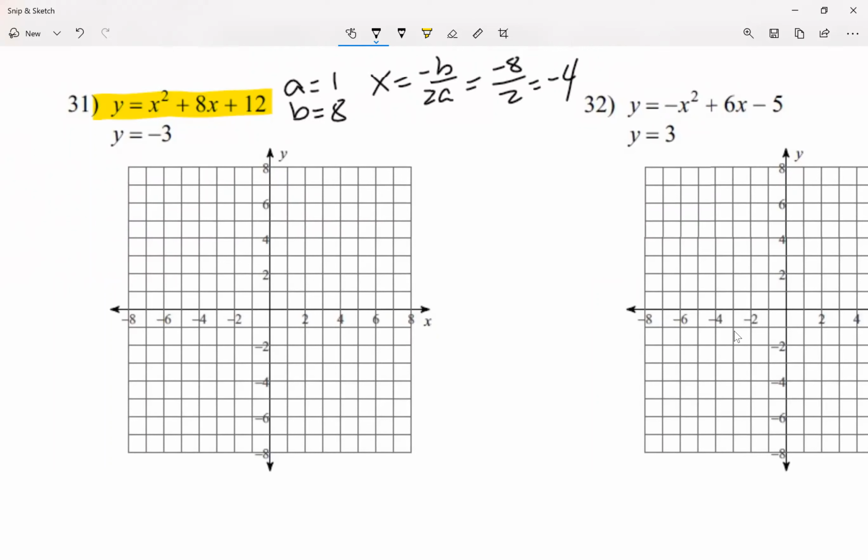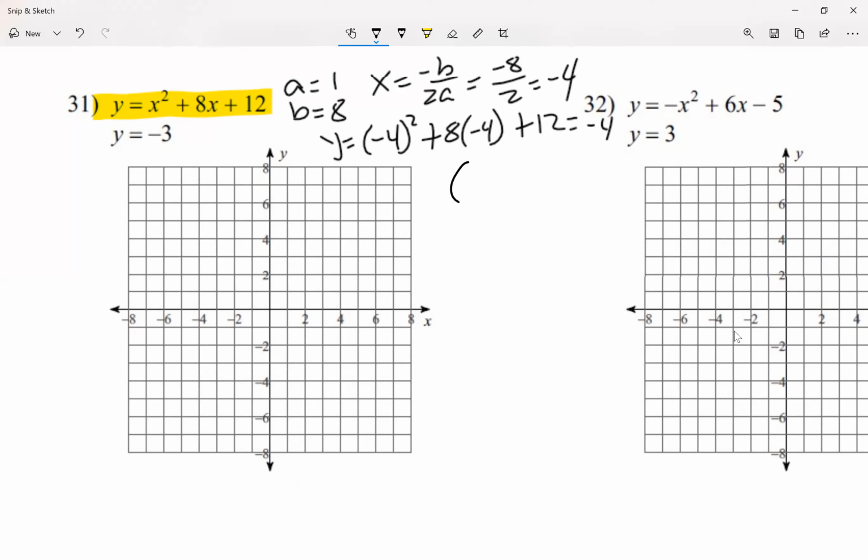To find my y value, y equals -4 squared plus 8 times -4 plus 12. Use a calculator if necessary. I'm looking at 16 minus 32 plus 12, so it's -4. So my vertex is (-4, -4).